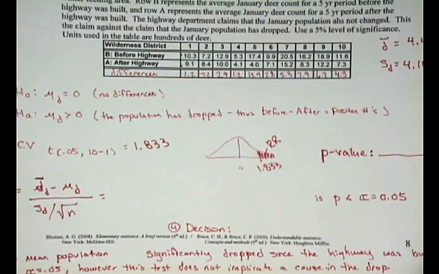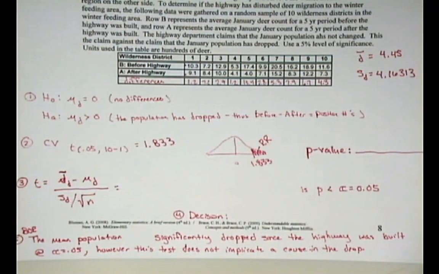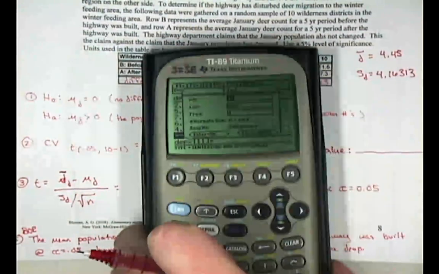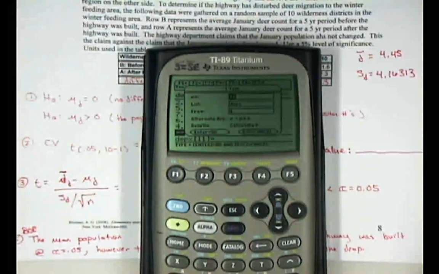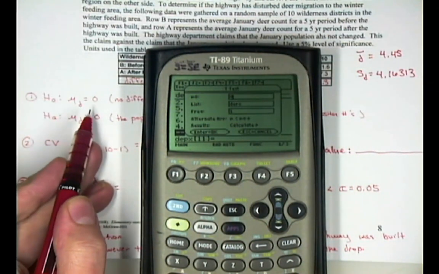If you're doing the p-value in your calculator, you would go to Stat, go to your testing menu, and select a t-test. So make sure that you're selecting a t-test, and then your mu0 is going to be 0, because that's what it is in the null hypothesis.